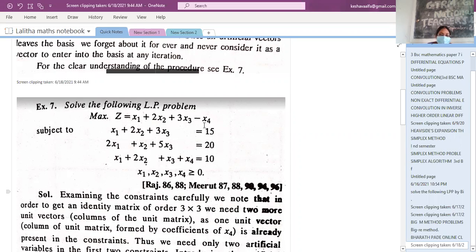Observe these three conditions. There is no less than or equal to symbol and no greater than or equal to symbol. But to form a basic matrix, we have to add artificial variables to these.